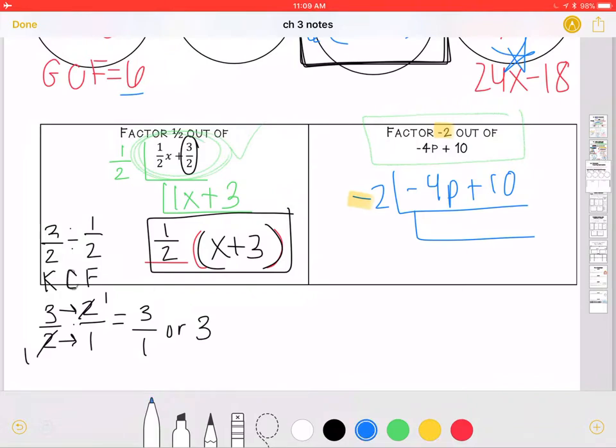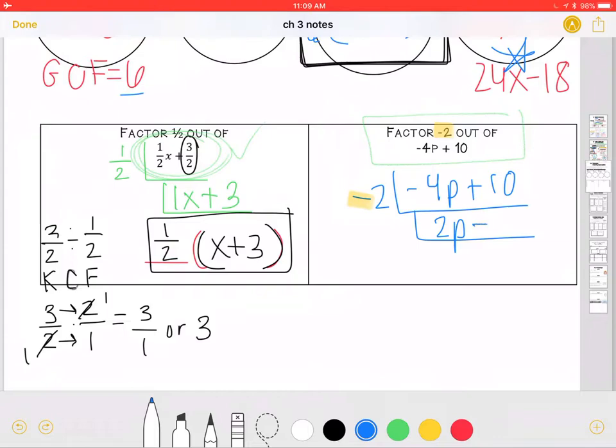So if I have a -4 divided by a -2, that should give us a positive 2p. This is where it gets tricky again. I have a positive 10 and a -2. So what does a positive 10 divided by a -2 give you? Different signs.